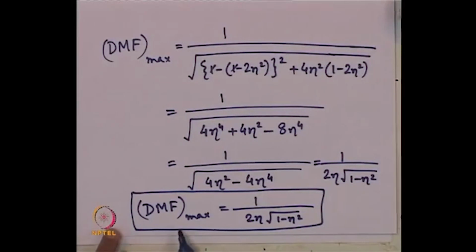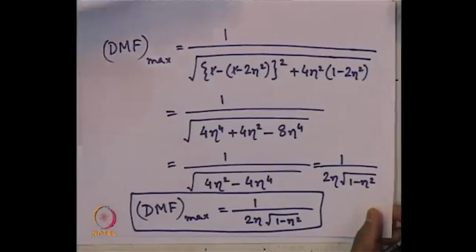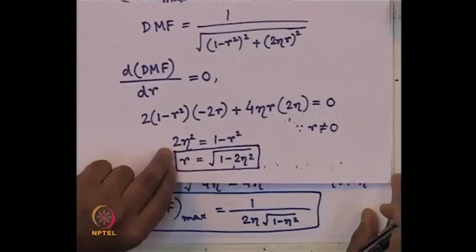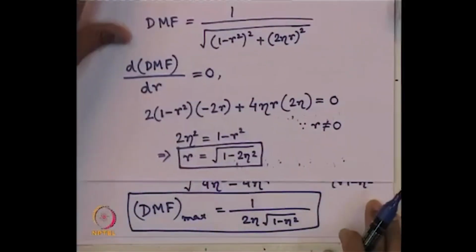For an undamped case, that is when eta is 0, the maximum is infinity, so that gets cross-checked from this expression also. But when eta has some value, let us look back again at this expression of r where the maximum occurs.